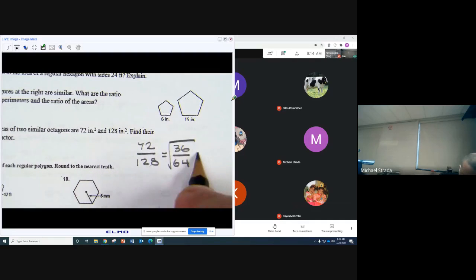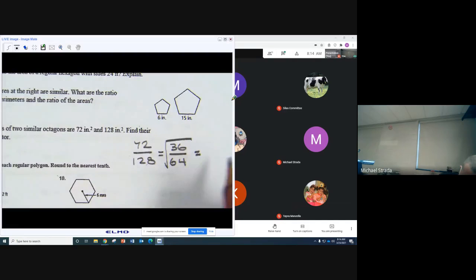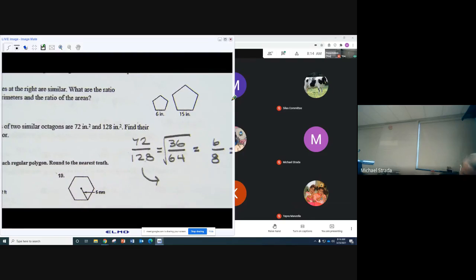Yep, what's the square root of 36? 6. What's the square root of 64? 8. Can that be reduced? 6 over 8 reduces down to 3/4. Got me? Or you could have reduced 72 over 128 to 9 over 16, and then that would have brought you directly to 3/4. It's not going to affect it. All right?